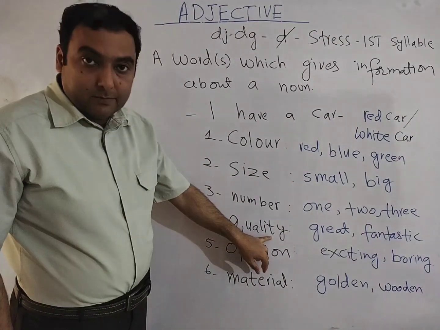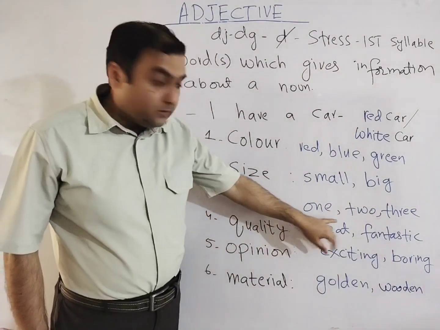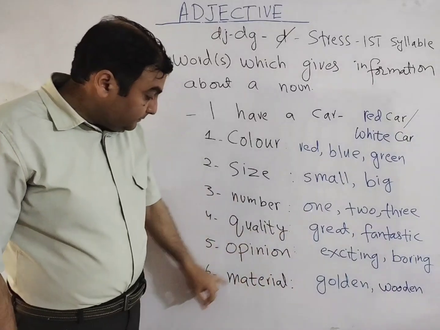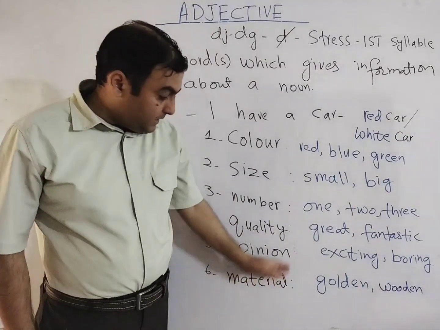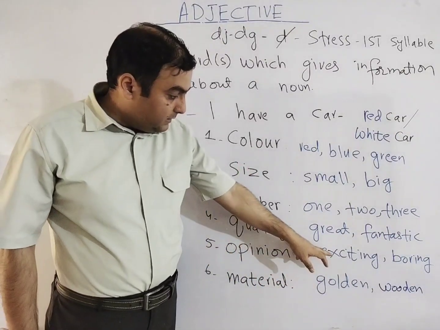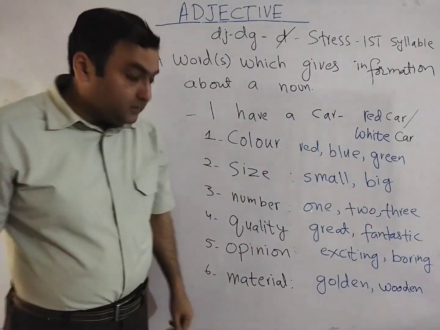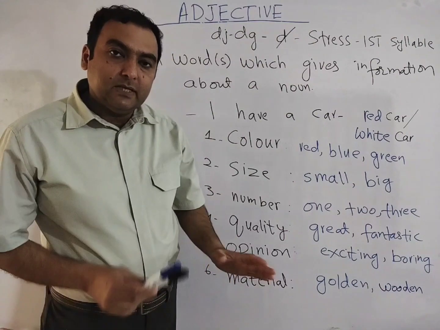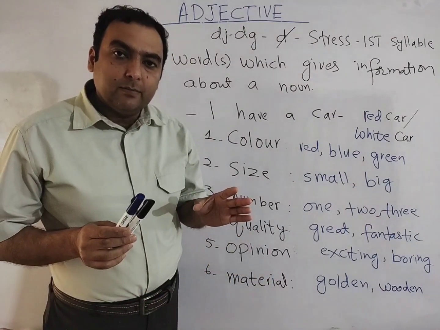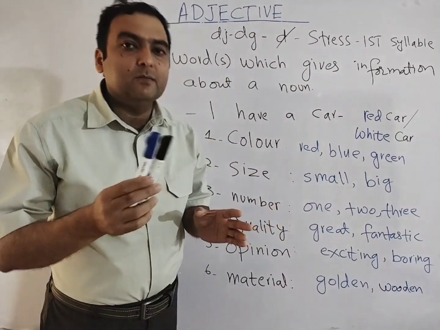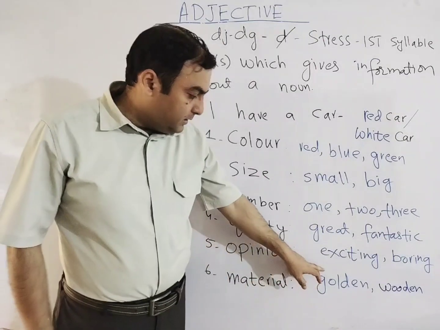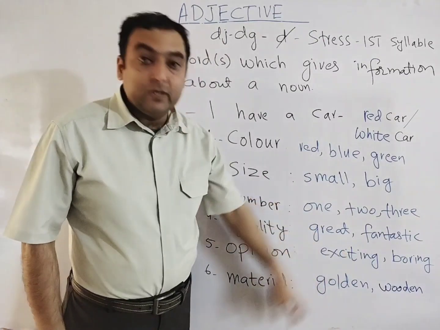They can also tell us about the quality of something. For example, great, fantastic. Adjectives can also tell us about opinion, someone's opinion, like exciting, boring. And adjectives can also tell us about material, which means what something is made of or made from. For example, golden or wooden.